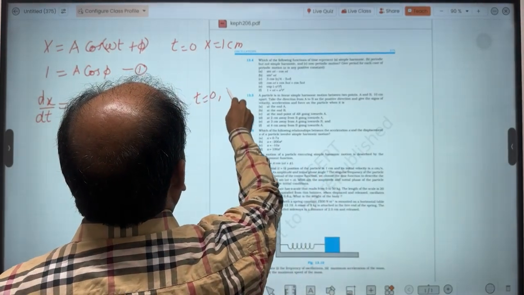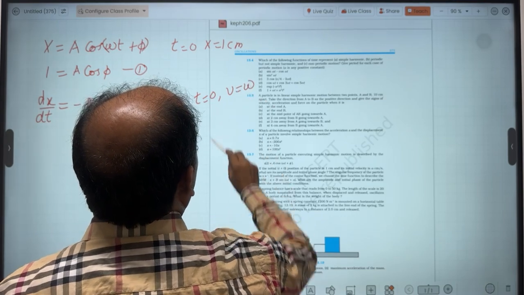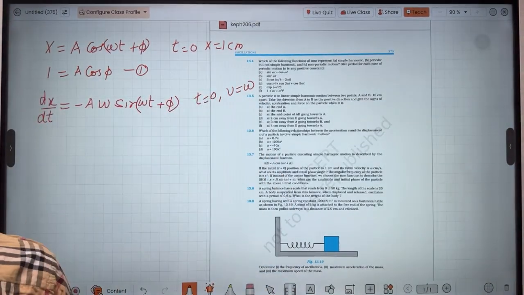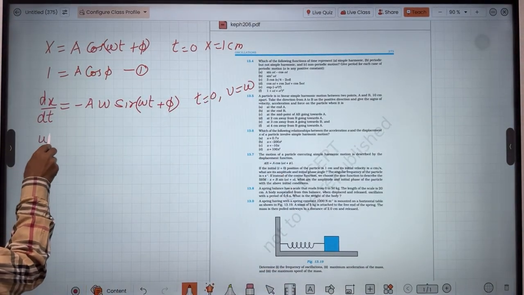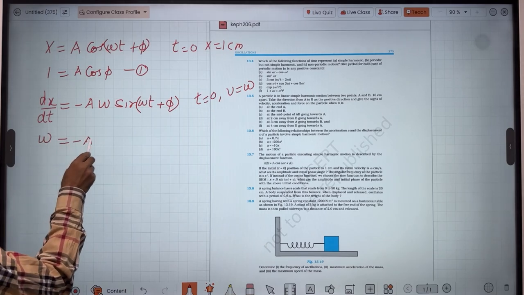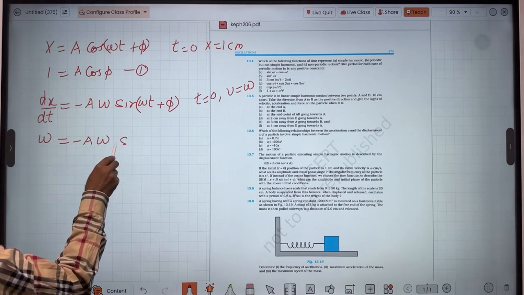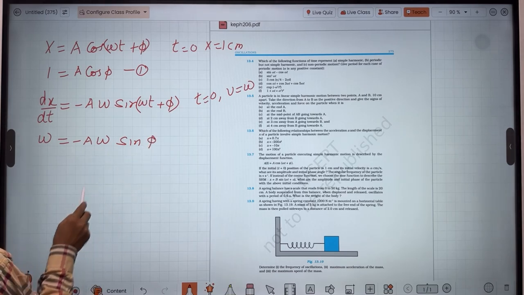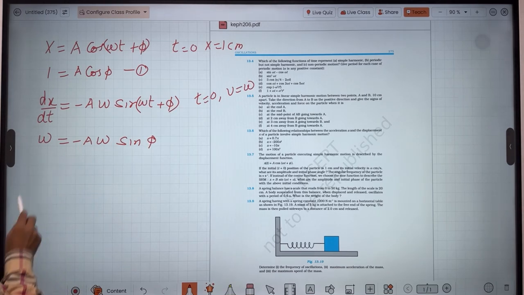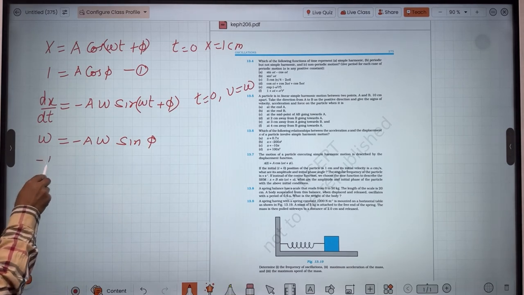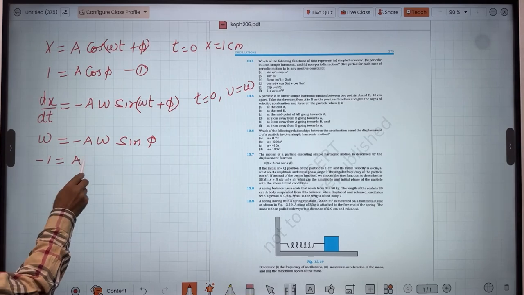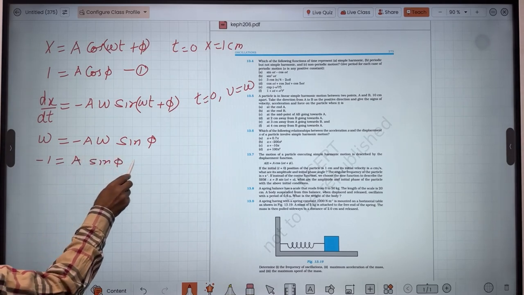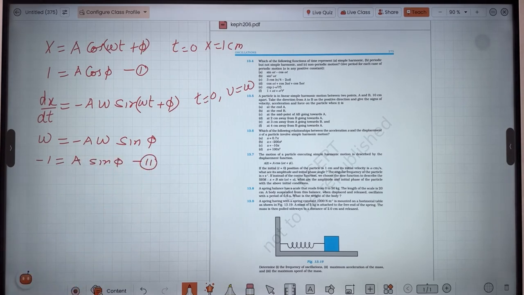So we can put this value here. So omega equal to minus a omega sine phi, or we can say minus 1 equal to a sine phi. This is equation number 2.